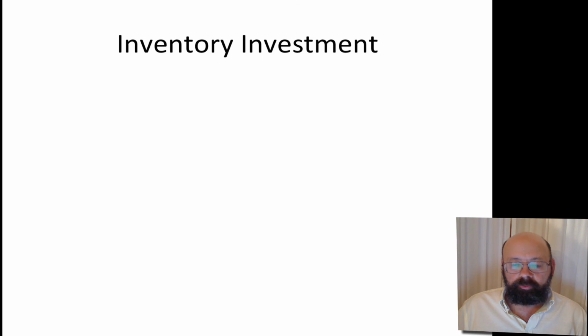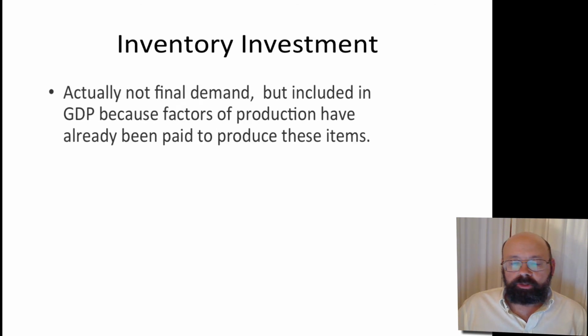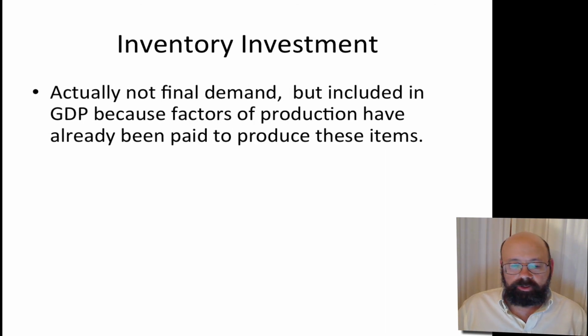Finally, we have what is referred to as inventory investment, which is the change in the stock of inventories. The general idea is that not all newly produced goods and services are sold. Remember what the definition of GDP is: the value of your total output of final goods and services. But not all the goods and services produced in a given period of time are necessarily sold.